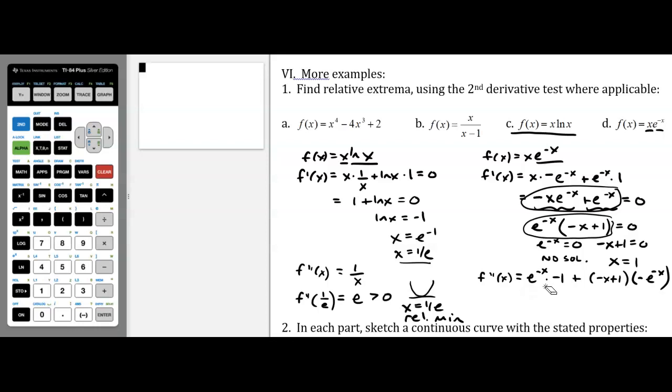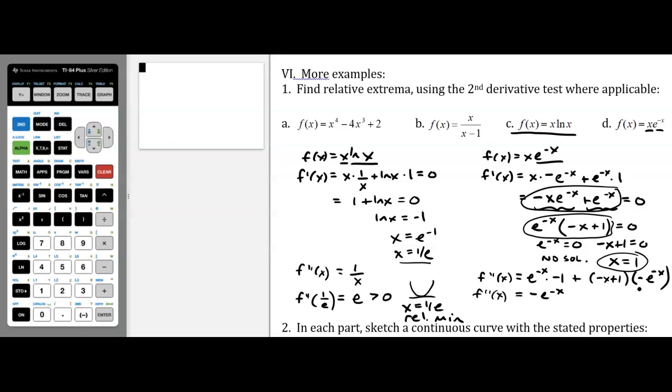What we should do though is simplify this. Because remember, we're not doing the second derivative analysis. We're just substituting the places where the first derivative is equal to 0 into the second derivative. So I might simplify this a little bit. And so we could say f double prime of x is equal to, I guess this would be -e to the negative x.